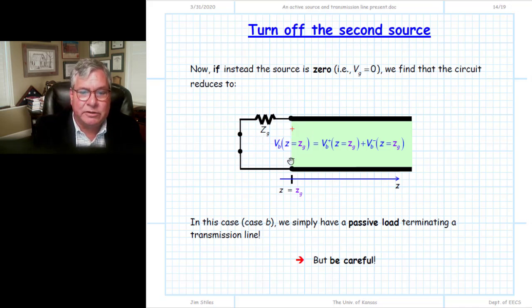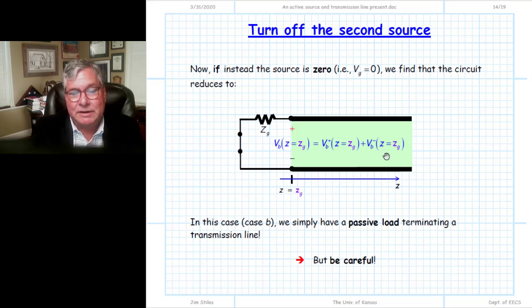The total voltage that we get at that location, we'll denote it as VB. Again, this is the voltage due to the minus wave and the minus wave only. That's therefore it has the subscript B. This total voltage now depends on both the plus wave, the voltage manifested by a wave propagating in the direction of increasing z, and the minus wave, the voltage manifested by a wave that is propagating in the direction of decreasing z.